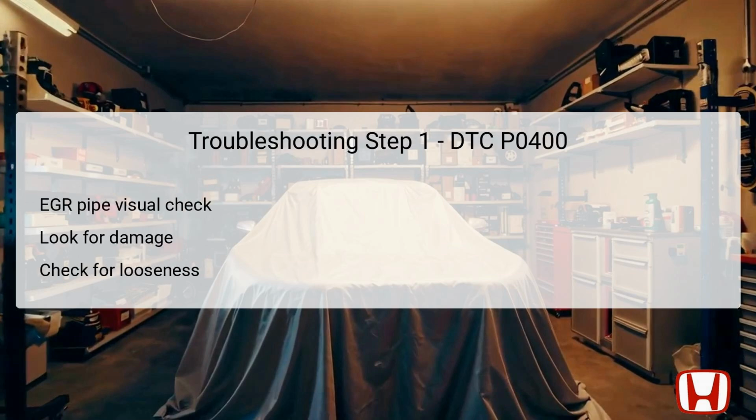The first step in troubleshooting DTC P0400 is to conduct a thorough visual check of the EGR pipe. Inspect the pipe for any signs of damage, such as cracks or corrosion, that could cause exhaust gases to leak. Looseness is also a critical factor, as any poor connections at the fittings can disable the system's functionality.